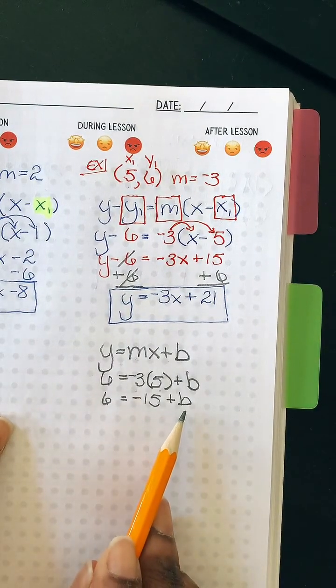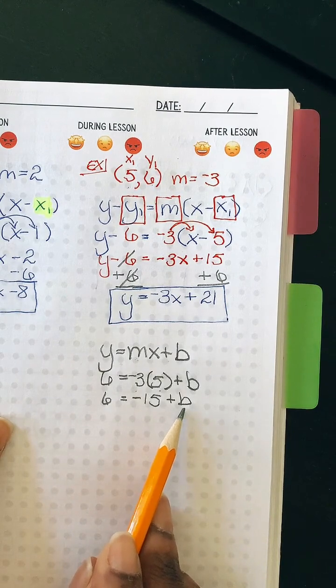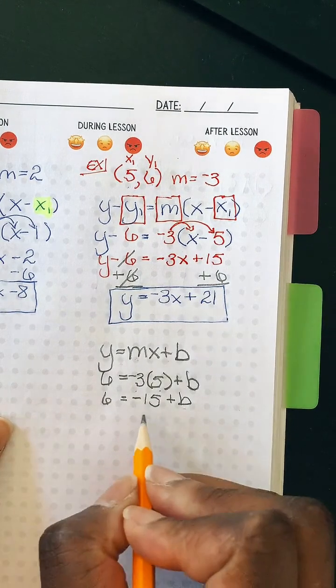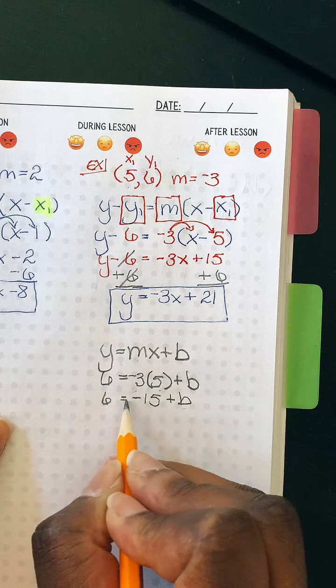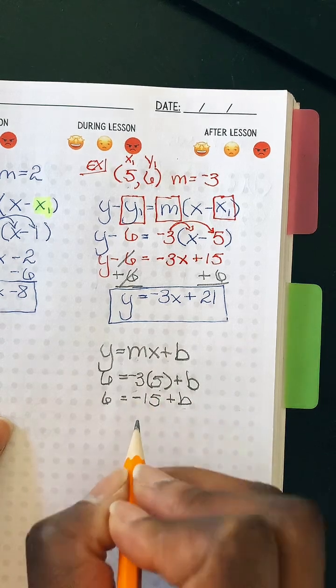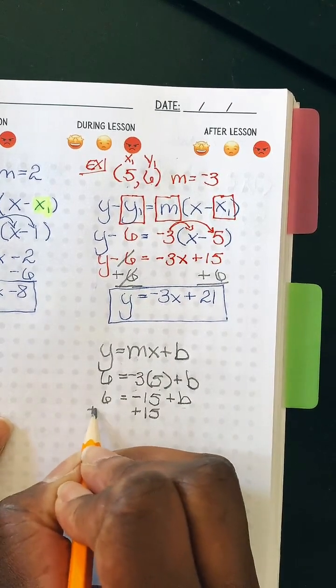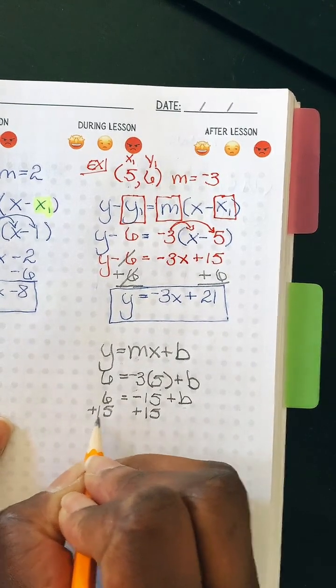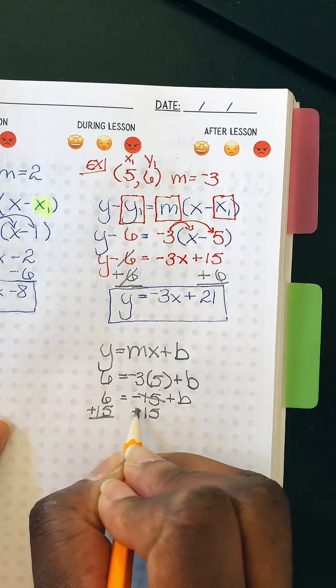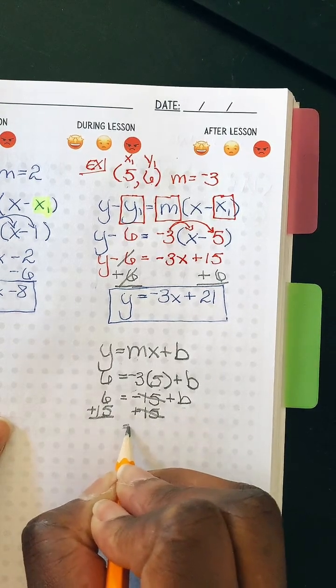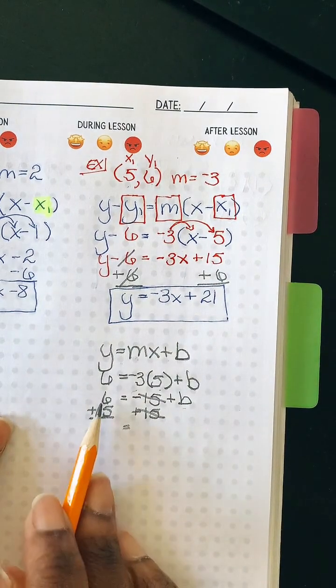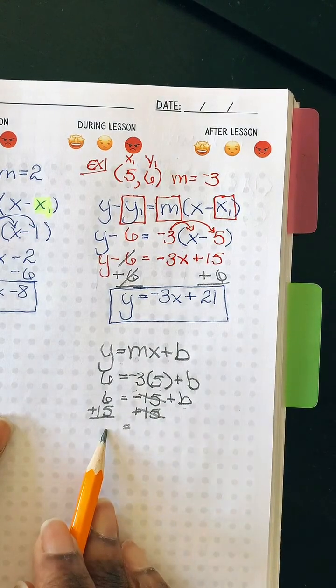If I'm solving this equation for my unknown, which is b, I need to get rid of this negative 15. So I'm going to add 15 on both sides. And that gives me 6 plus 15. And you guys already told me what 6 plus 15 is.